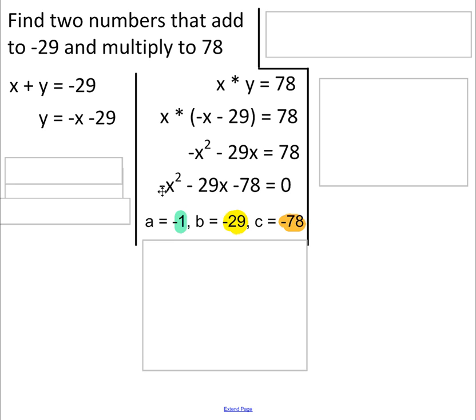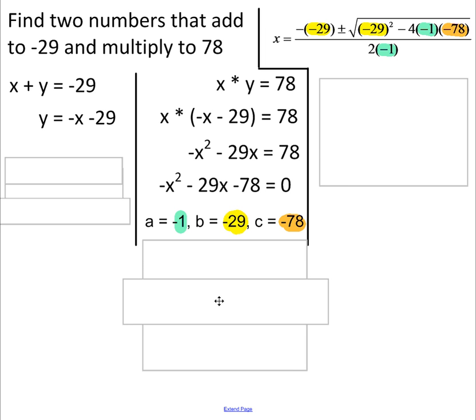Since the coefficient in front is a negative, the 1 is implied. We know that a is negative 1. The coefficient of the x to the first term, b, is negative 29. And the constant left by itself, c, is negative 78. So let's go ahead and pop this into our quadratic formula.